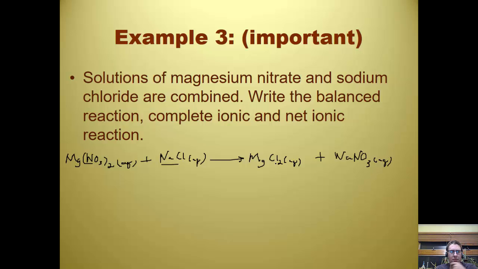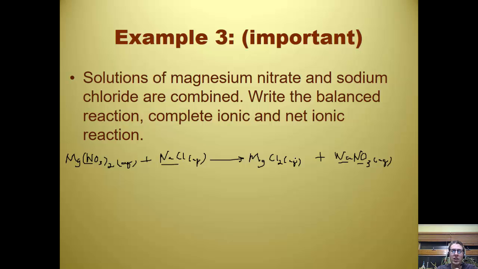Now, I buried the lead a little bit, but let's see here. MgCl2, when we look at chlorides, there is no exception that said magnesium is going to be insoluble. Sodium is still a group 1A, and nitrates are generally soluble. So they're all soluble. So in reality, we made no precipitate.